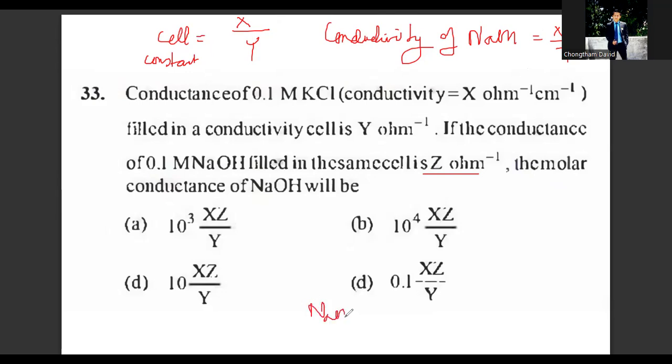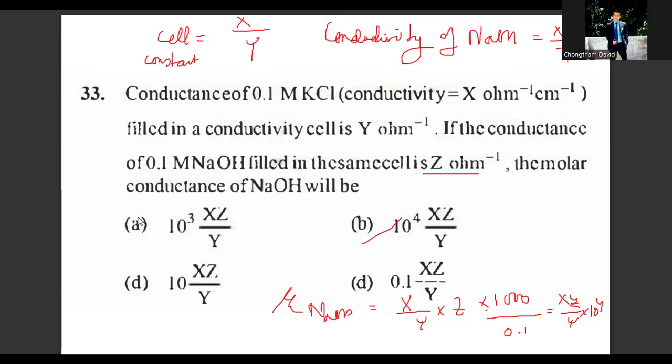It would be X by Y times Z, and given to you is 1000 divided by the volume, 0.1. So simplify this: XZ by Y, 10 to the power 4. The nearest option is B. This is the answer to question number 33. I hope that is understood. Let us read question number 34.